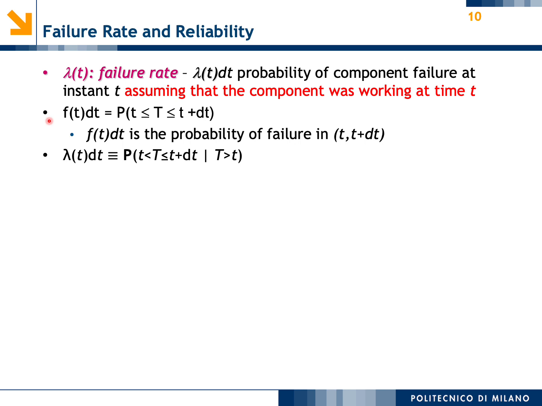In fact, the probability density function multiplied by dt is the probability that the component fails within the interval t and t plus dt, considering that it was working at t equal to 0, not at t equal to the beginning of the interval of interest.